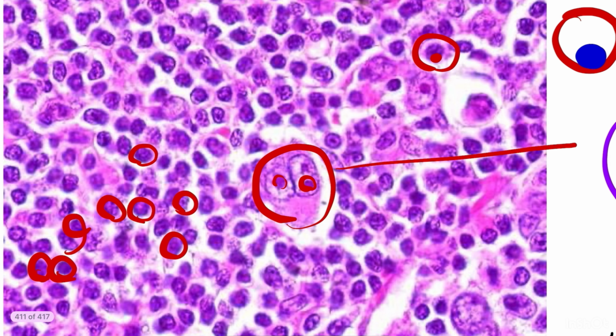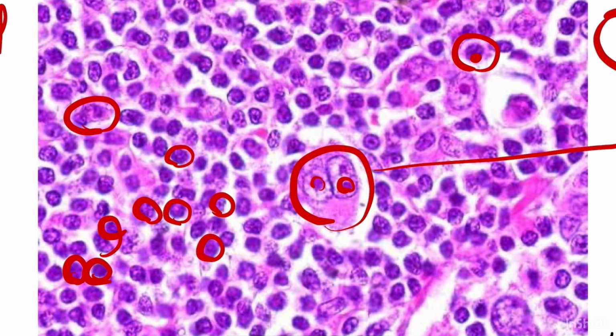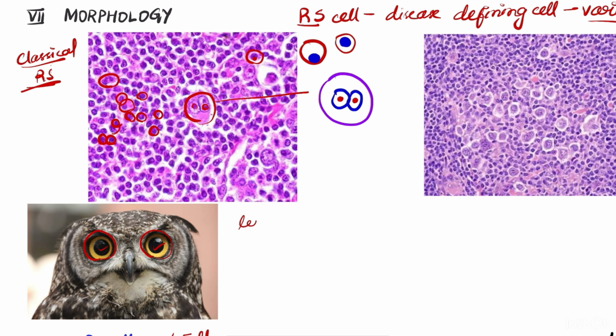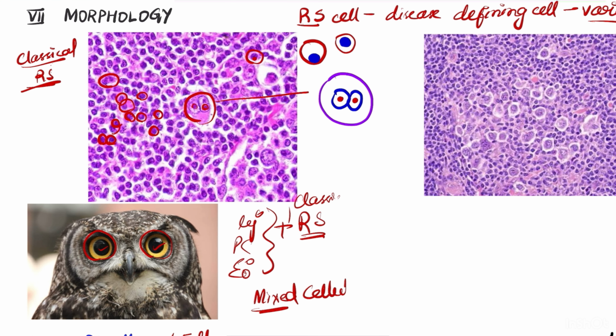And there are also eosinophils with orangish cytoplasm. Orangeophilic cytoplasm is characteristic of eosinophils. So there is presence of lymphocytes, plasma cells, eosinophils with the presence of classical RS cell. It is seen in the mixed inflammatory variant, mixed cellularity Hodgkin's lymphoma.